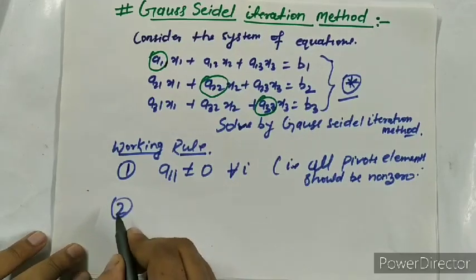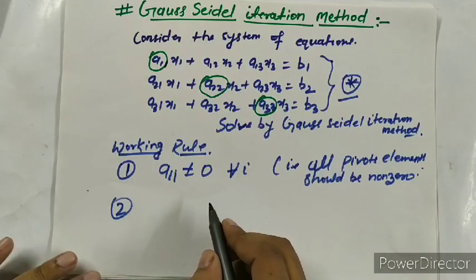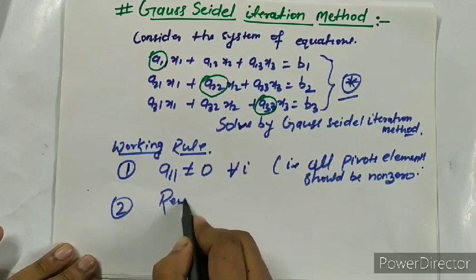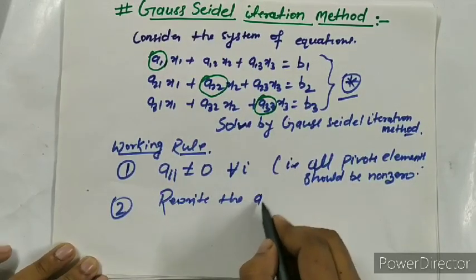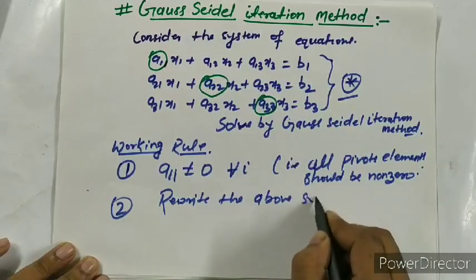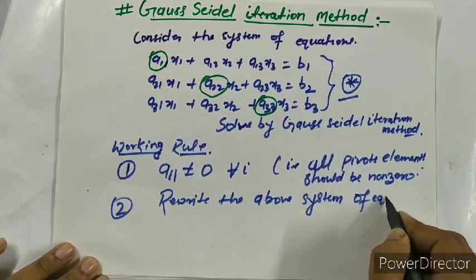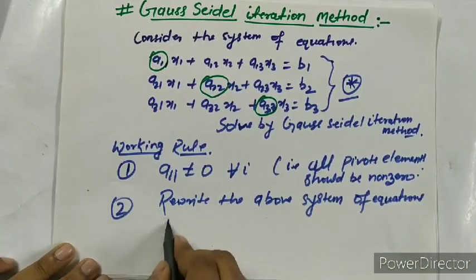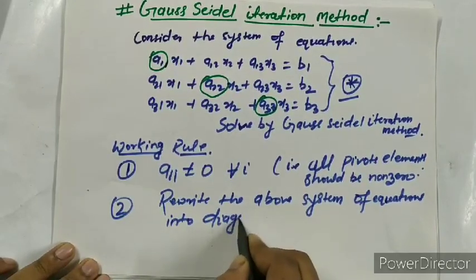In the second step, what we do is rewrite the above system of equations into diagonally dominant form.